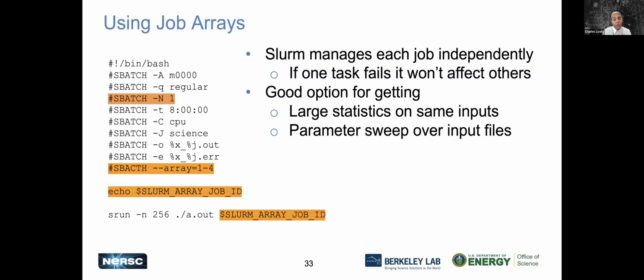That's good if you need to get data on different inputs that require large statistics, or if you're doing a specific type of parameter sweep over various input files. We have different examples and documentation to show you how to create and set up a job array if you want to make use of Slurm job arrays as well.